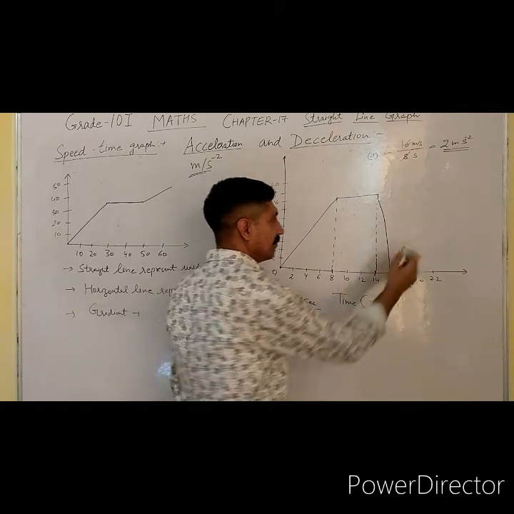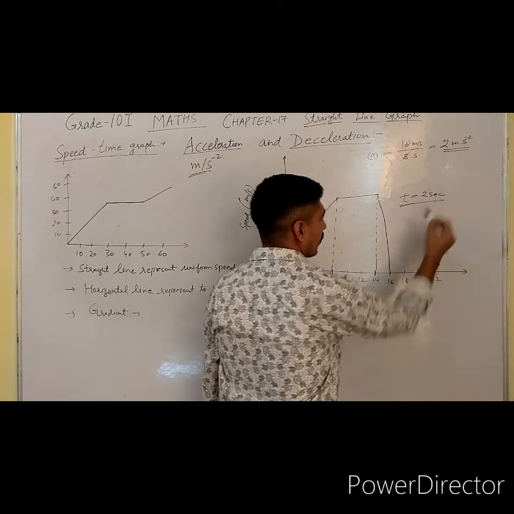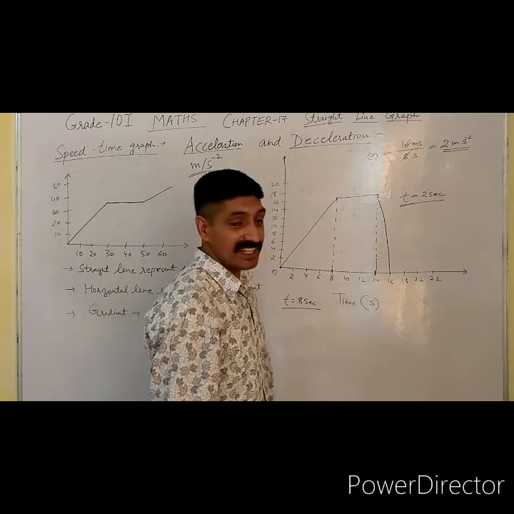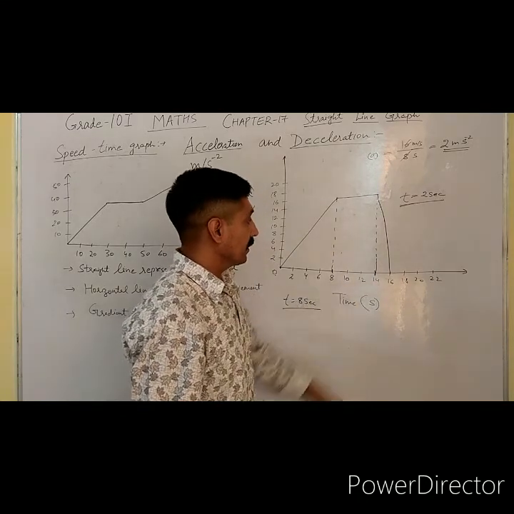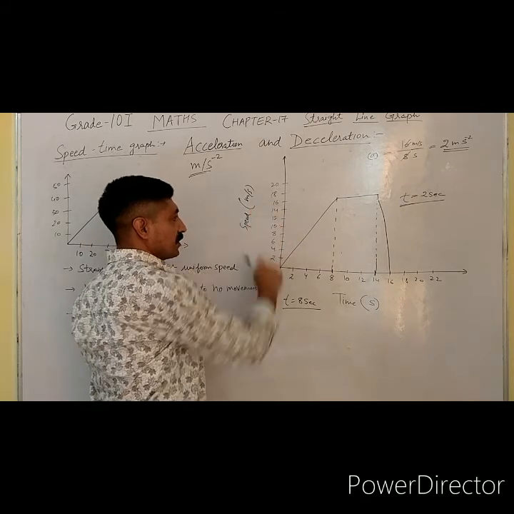But from 14 to 16, the time interval is 2 seconds, and again the speed is 16 units.